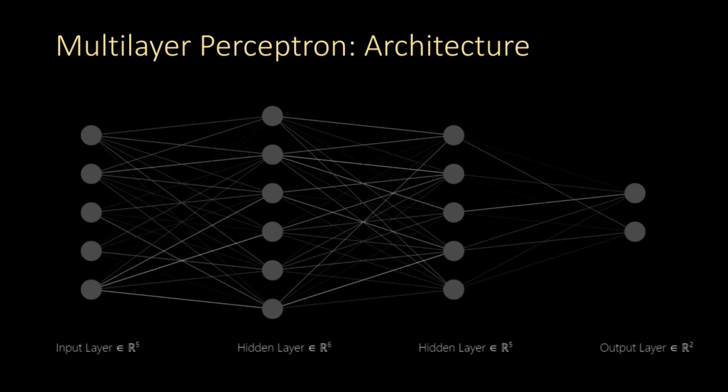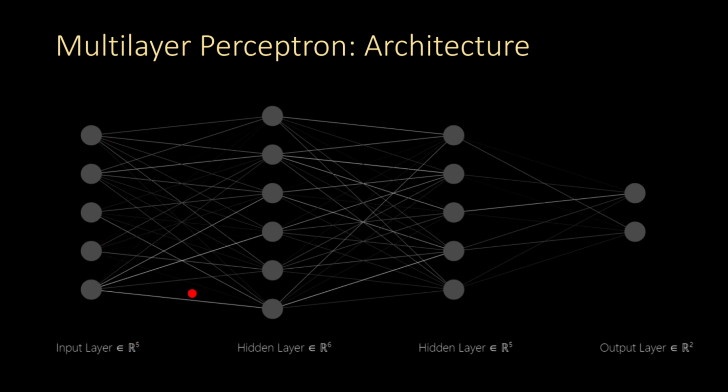Deep learning is a subfield of machine learning where learning and computation occur through layers of processing. What you're seeing right now is a multi-layer perceptron architecture. In this architecture, the data is input via the input layer.